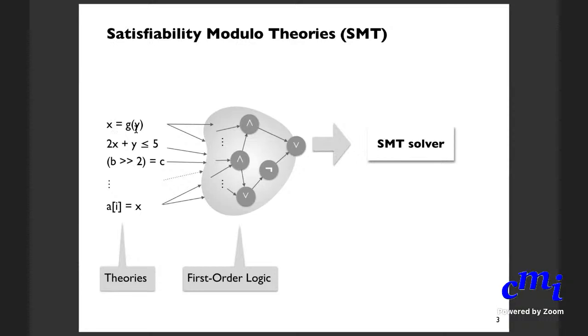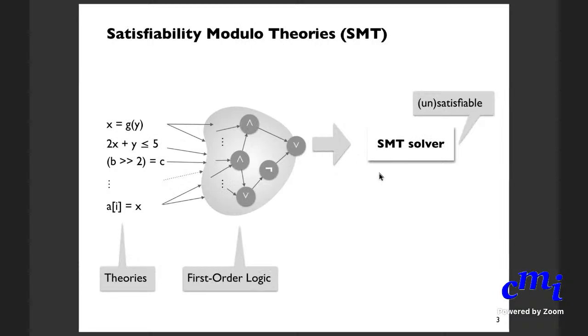And x is equal to g(y) is some theory that we will talk about, which has equalities and some function symbols. These function symbols can be uninterpreted, in the sense that they can be denoting any functions that you want. So that's the input: some Boolean combinations of any one of these kinds of things.